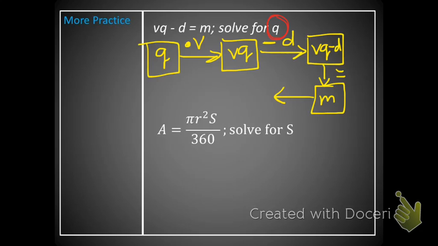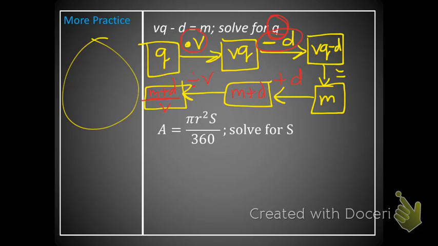Now we are going to work backwards. We just saw that we did minus D, so I'm going to do the opposite operation, which is plus D, and that gives me M plus D. Now I draw my next line with my next box, and I see that I did times V, so I'm going to do divided by V. That gives me M plus D, and now that whole thing is divided by V. I'm going to write it over here so that there's more space.